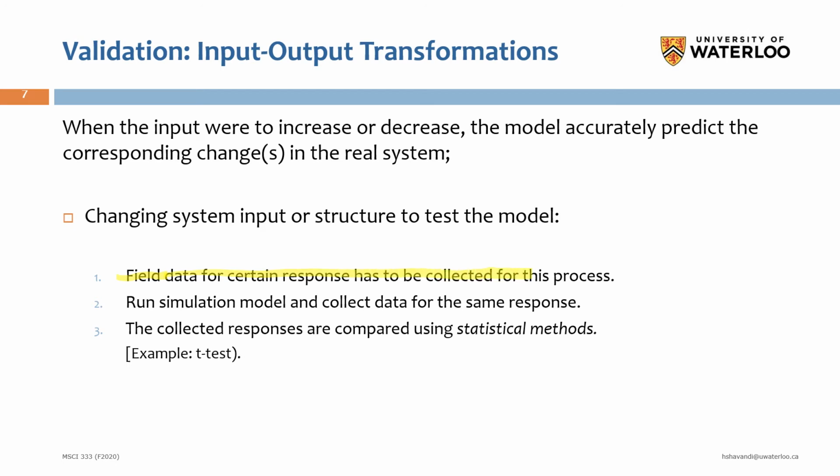So we do have the input, we do have the output, and then we can feed those input data for that specific purpose, and then we run the simulation model with those input data, and then we can compare the responses, I mean by the simulation model and the real system, by using statistical methods to see if the results are consistent or not.